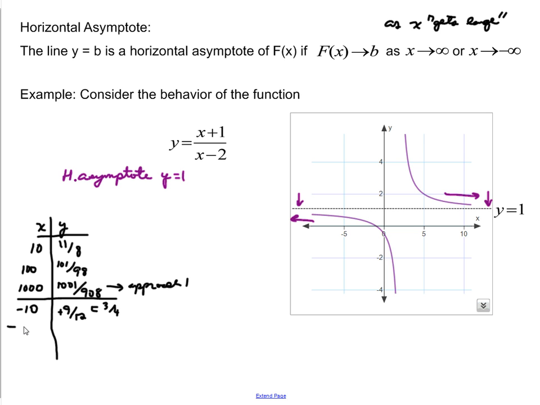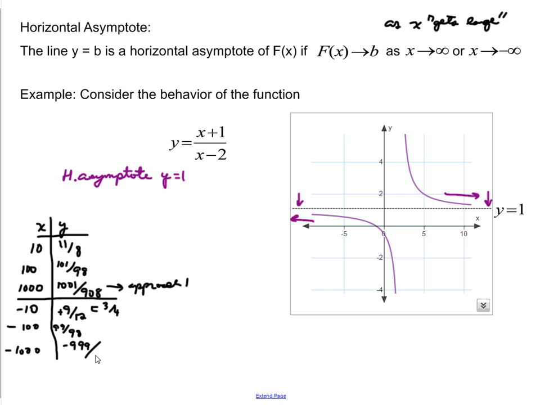Putting in negative 100 is going to give us a larger value, but still not greater than 1, because it would be negative 100 plus 1, so that's negative 99 over negative 100 minus 2, which is negative 102. So 99/102.